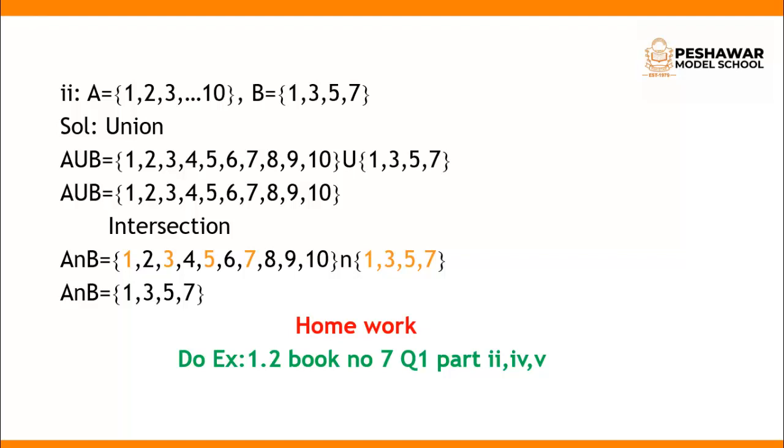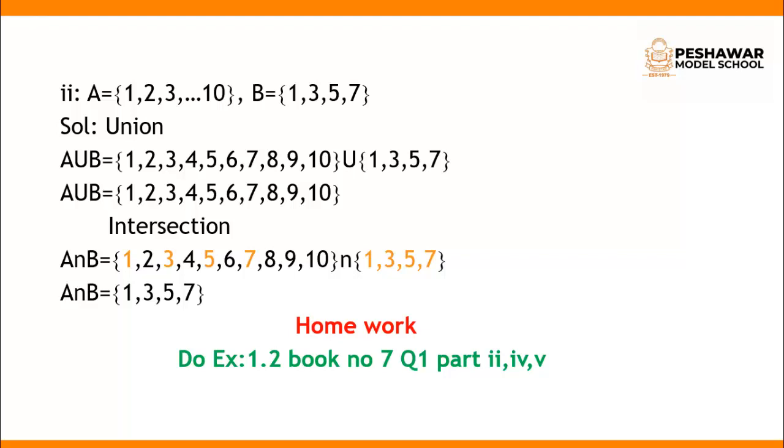Which numbers are common here? 1 is common. You can also put a circle on those numbers which are common, in colored form, because these are the common elements. So 1 is common among both sets, 3 is common, 5 is common, 7 is common. So our answer of A intersection B is {1, 3, 5, 7}.